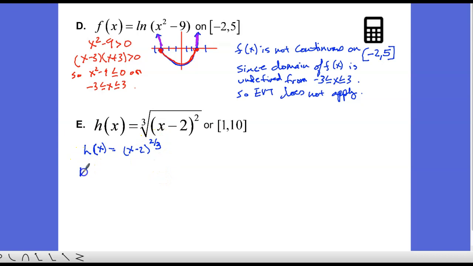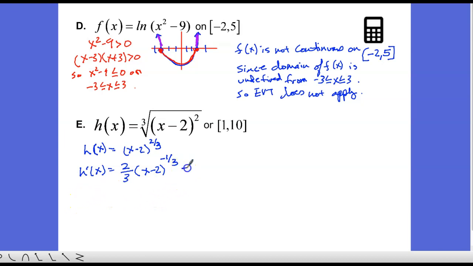So h prime of x is going to be 2/3 times (x minus 2) to the, and now I have to think about this, it's power times base down 1. So 2/3 minus 1 is the same as 2/3 minus 3/3, and this gives me -1/3 as my exponent.